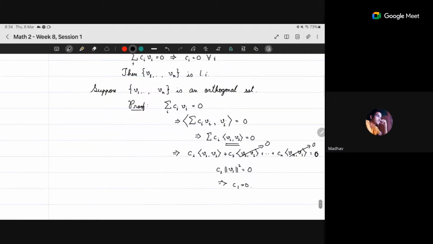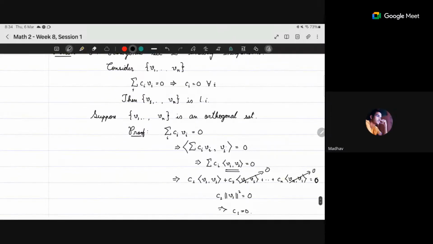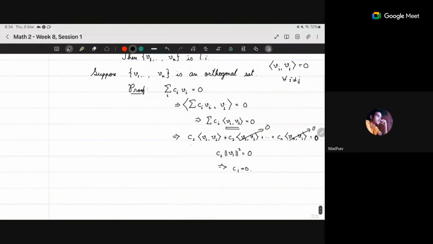So what is the definition of an orthogonal set? Every two pairs of distinct vectors are orthogonal to each other. So you will have the inner product of Vi and Vj is equal to 0 for all i not equal to j. This is the definition of orthogonality. So in this summation, you see that the first one has an inner product of V1 with V1.